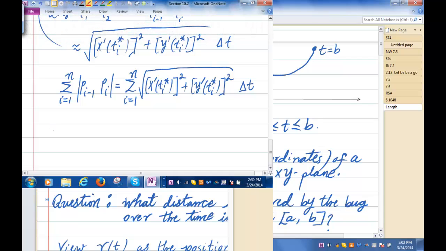Remember that for a function f of x, what is the Riemann sum of f?